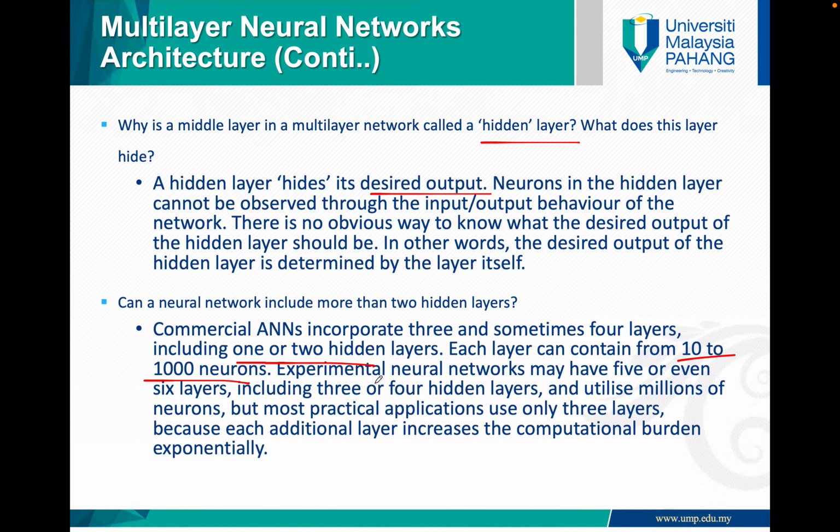An experimental neural network may have 5 or even 6 layers, including 3 or 4 hidden layers, and utilize millions of neurons. We're talking about huge data sets. You cannot run this kind of neural network on a regular computer. You need a server, and sometimes also a GPU.